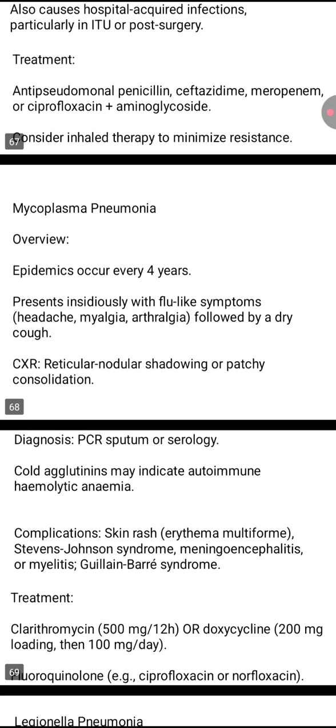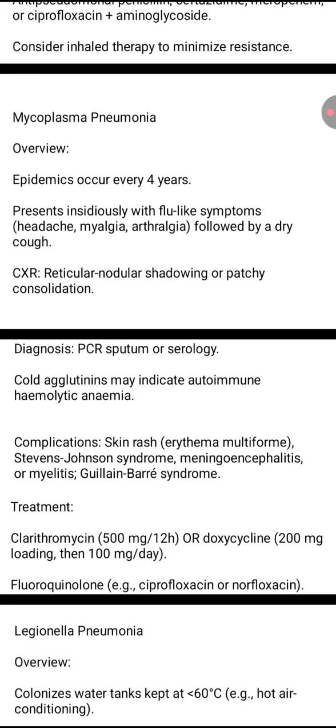For Mycoplasma pneumonia, the epidemic occurs every 4 years. It presents insidiously with flu-like symptoms of headache, myalgia, arthralgia, followed by a dry cough. The chest x-ray will show reticular nodular shadowing or patchy consolidation. Diagnosis is polymerase chain reaction of the sputum or serology.